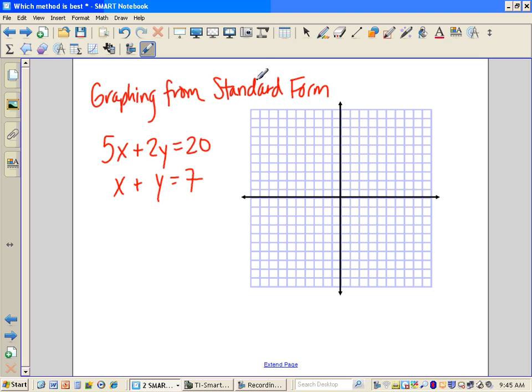This is where we want to take the little square and cover up. Maybe you can just imagine you have a little square here. If I cover up the x part, then I have 2y is equal to 20, or I know that y is equal to 10. And if I cover up the y part, then I know that 5x is equal to 20, or that x is equal to 4.